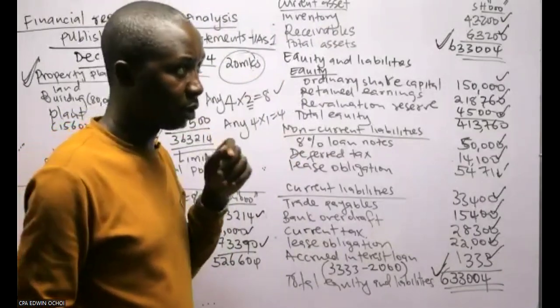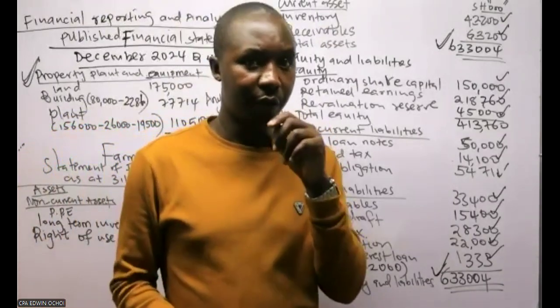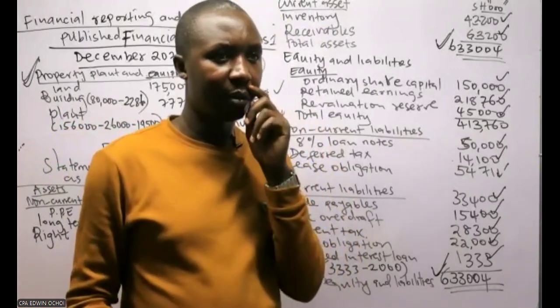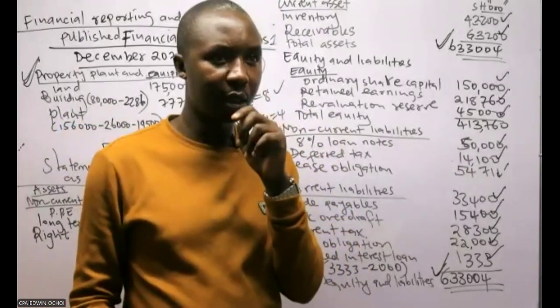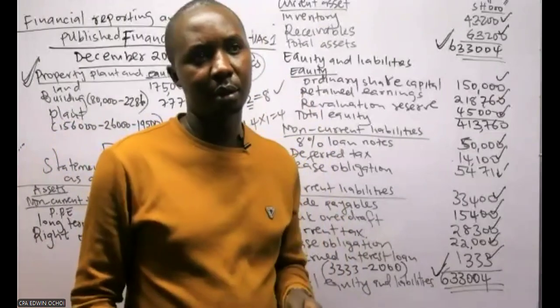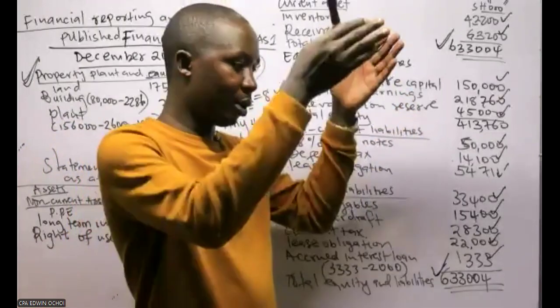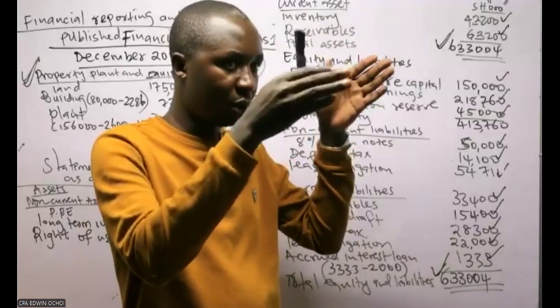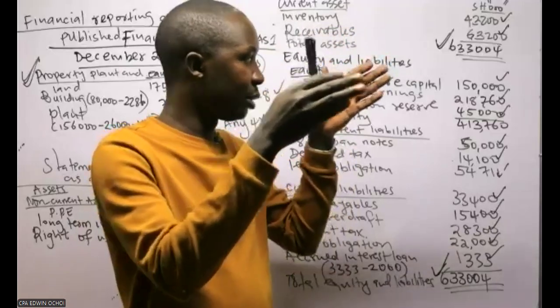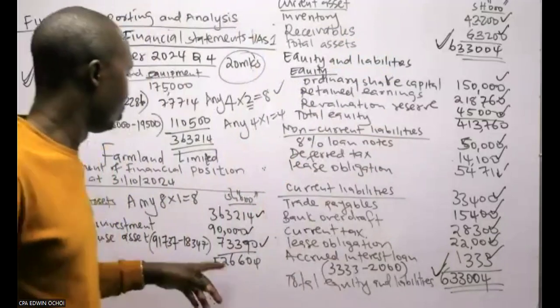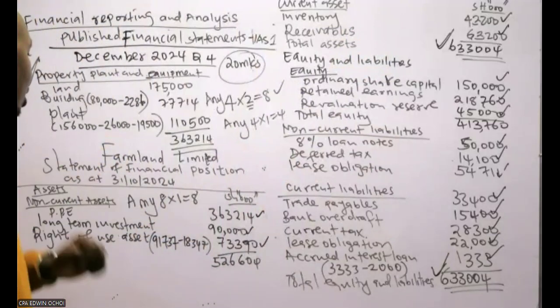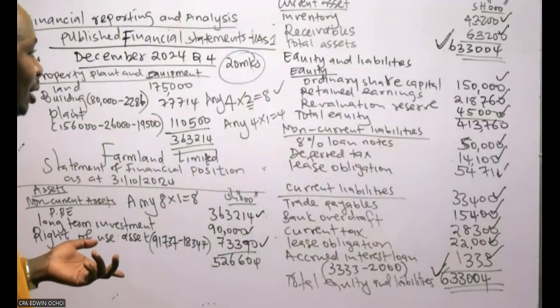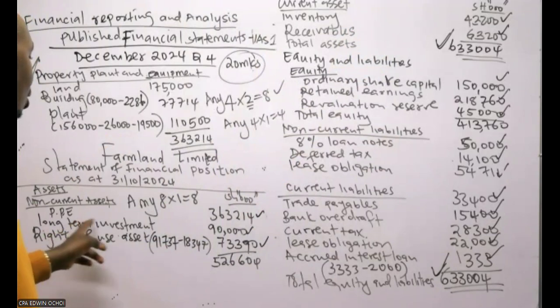Let's say you have done questions, then 15 minutes to the end of the exam, you have realized that you have not done published. What you do, go and draw that format without workings of statement of profit or loss and statement of financial position. For me to get 8 marks on the statement of financial position, I can get 8 marks without workings.